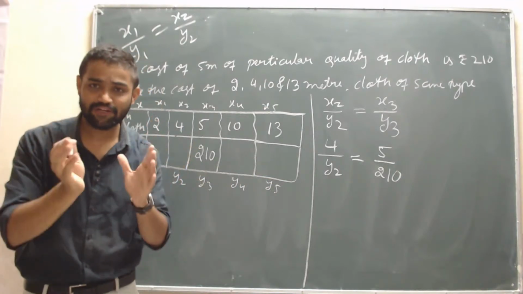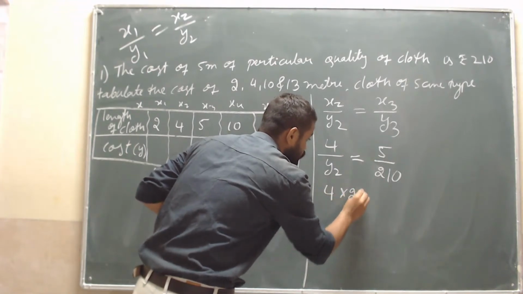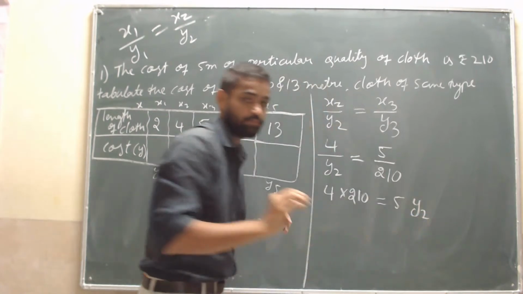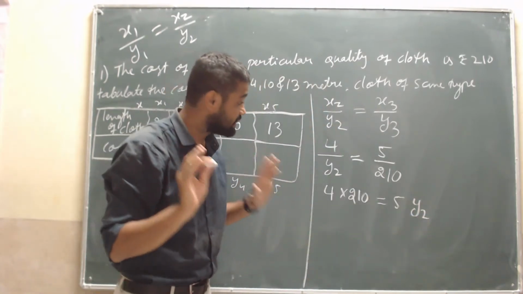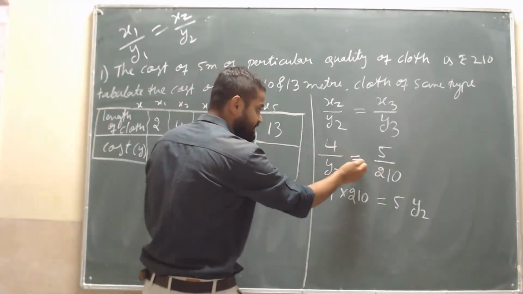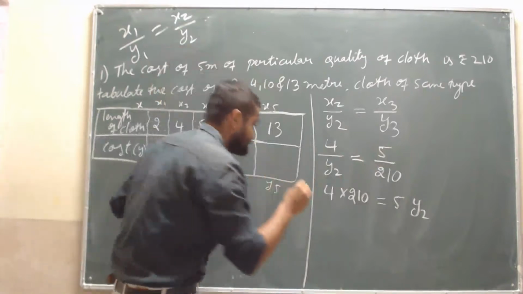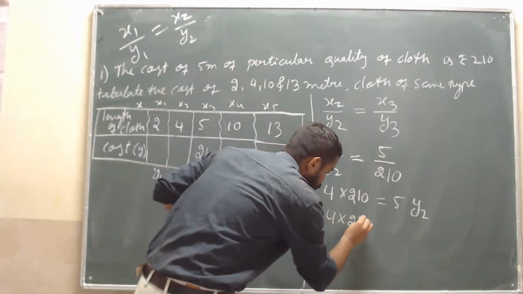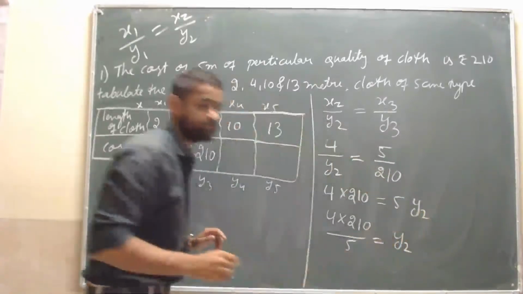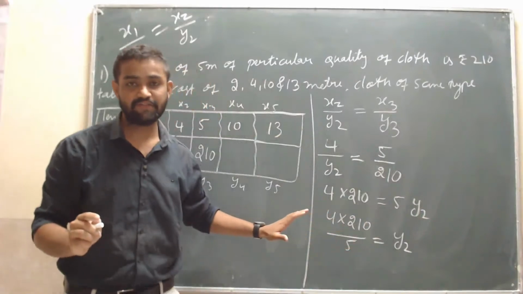By cross multiplication: 4 into 210 is equal to 5 into y2. Are you clear about this step? Then 4 into 210 divided by 5 is equal to y2. This 5 is transferred to this side and becomes division.